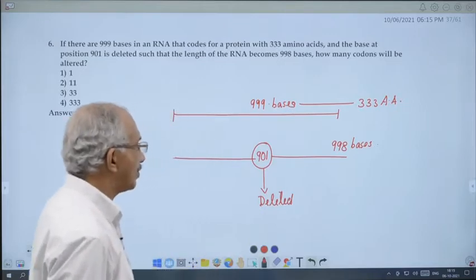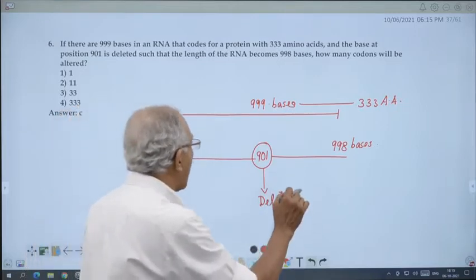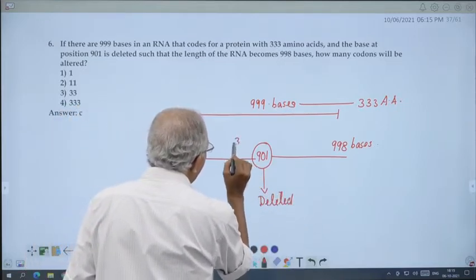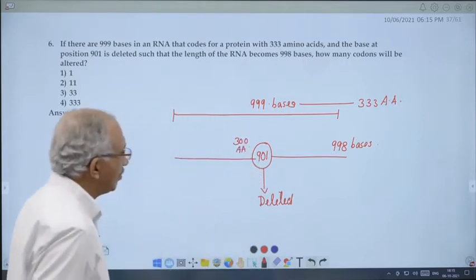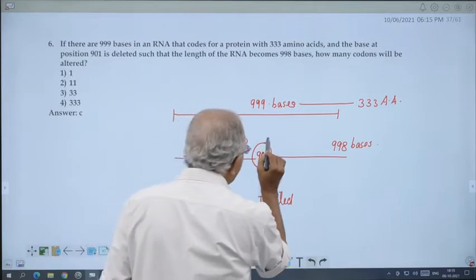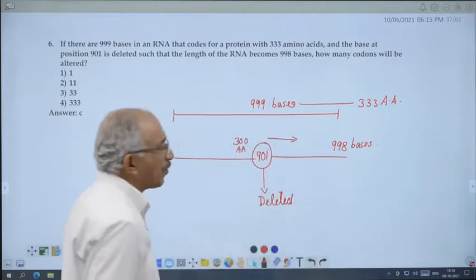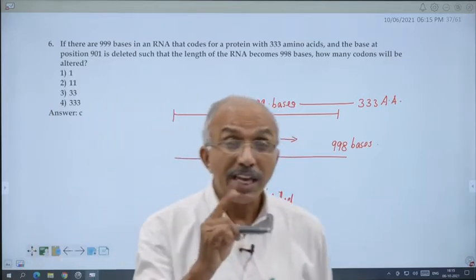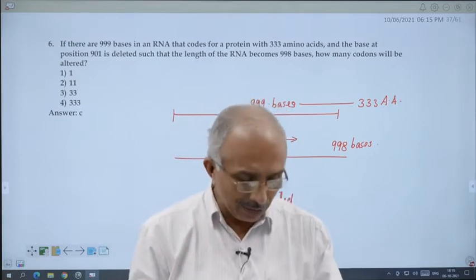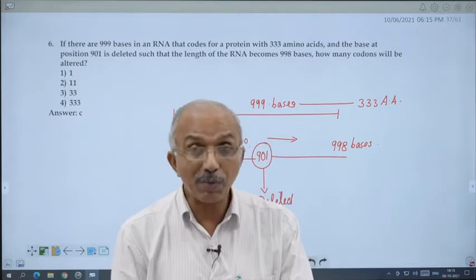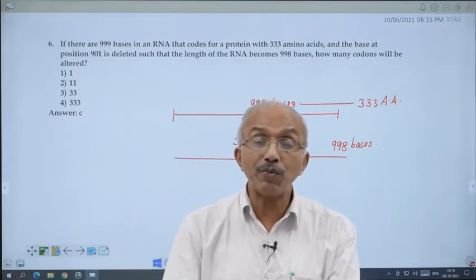Up to here, 300 amino acids are added. From here onwards the change will be affected, because if one base is deleted it will cause frame shift mutation.